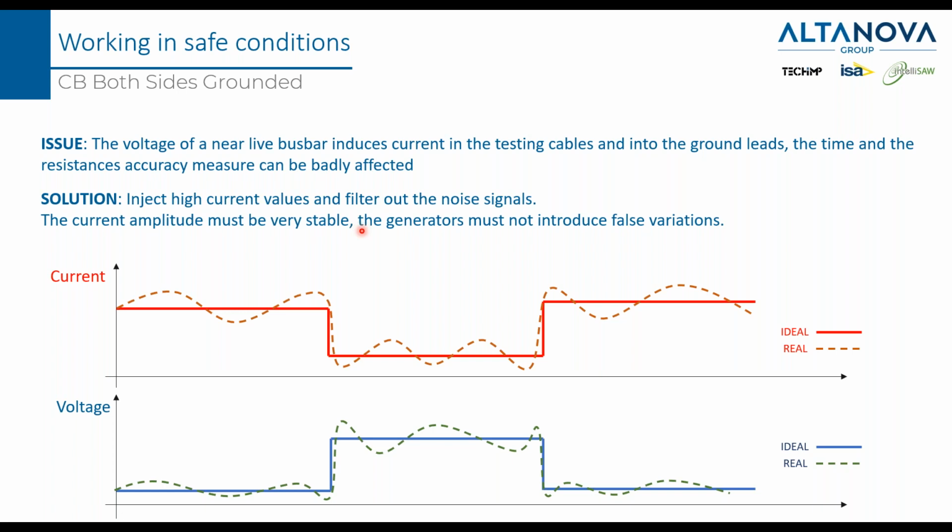I forgot to highlight this also before when we were discussing dynamic resistance. Without a very flat DC source, you can see variations that do not belong to the arcing contact or the main contact, but depend on the poor stability of the current source.